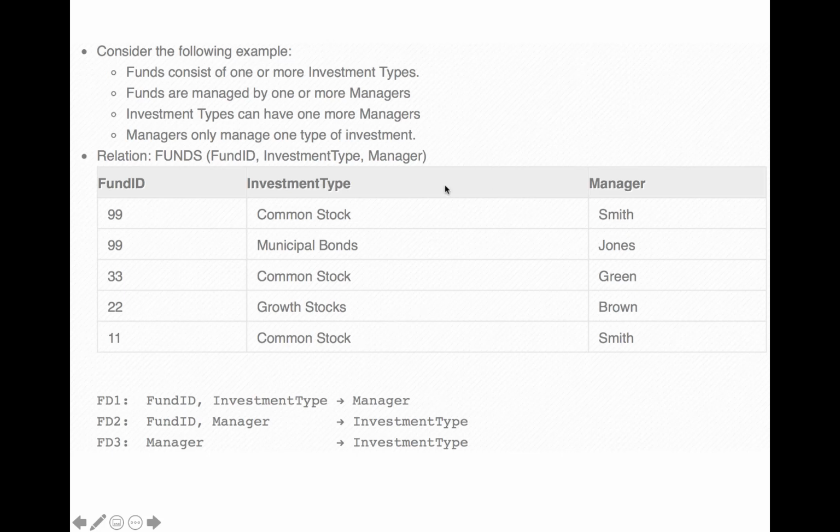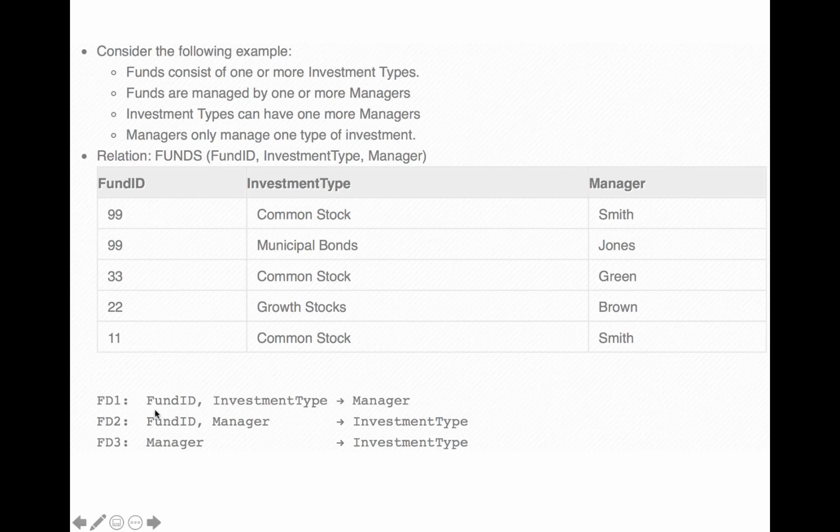So Smith can manage one type of investment. Understanding this, you can conclude the functional dependencies. Once you understand the requirements of your database, then it's easy to define the different functional dependencies present in the database.